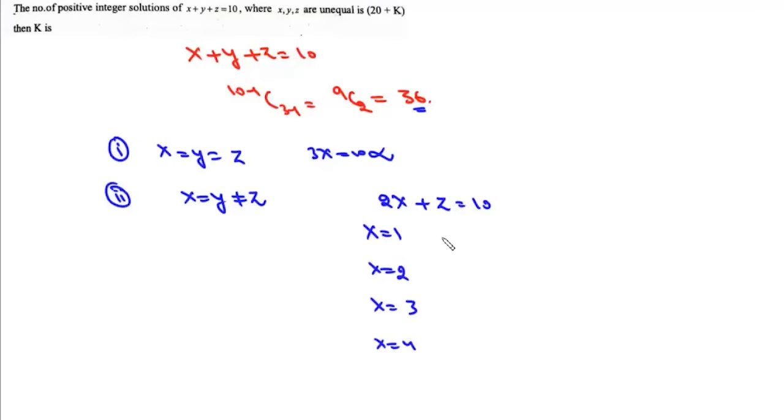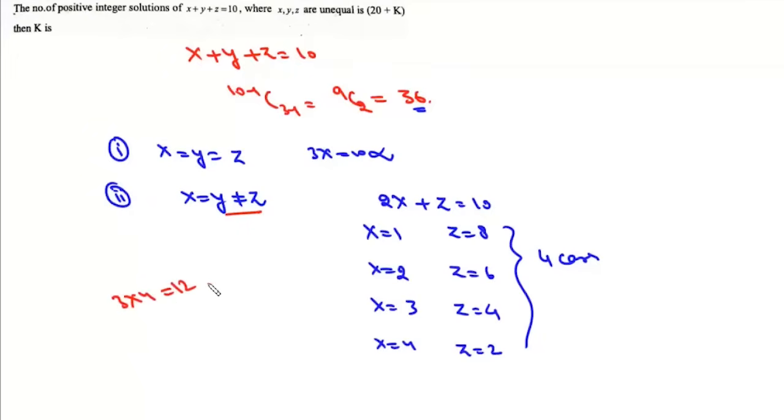Now if we take x as 1, we'll get z as 8, then 6, then 4, and z equals 2. So we'll have 4 such cases. Now we'll have 2 more cases when y equals z and when x equals z. So it will be simply 3 into 4, which is 12 cases.